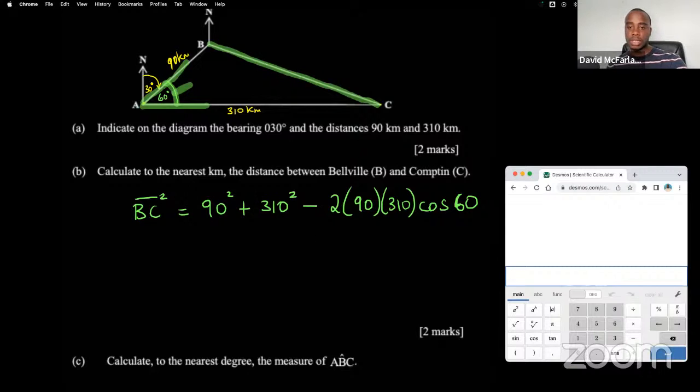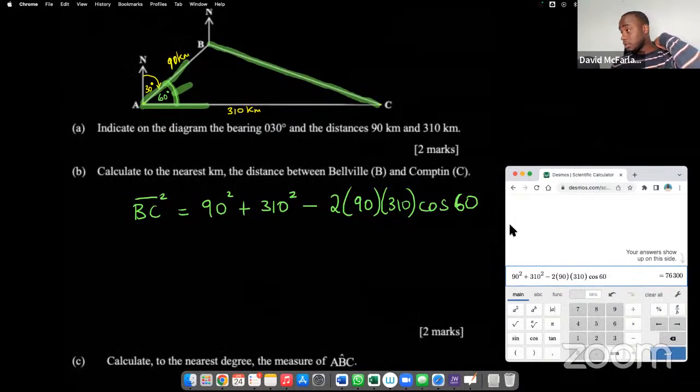Watch me now. Oops, I didn't have this loaded up. So now I'm just going to put that into the calculator: 90 squared plus 310 squared minus 2 times 90 times 310 times the cosine of 60. And again, guys, this is why it is so important to have a good calculator. You can just put it in there. You see the answer, 76,300.